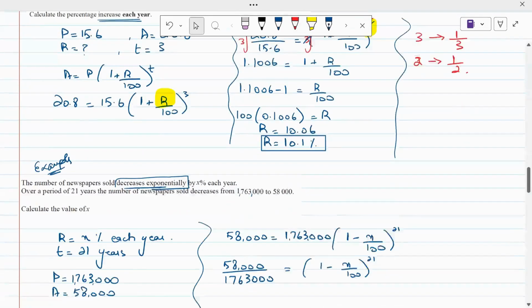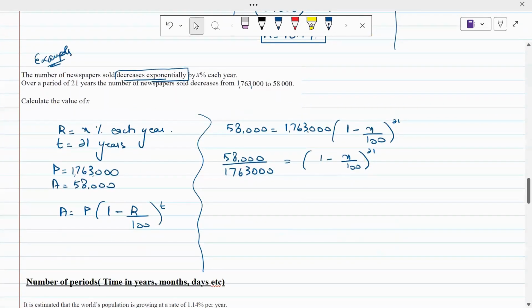The same would be the case here. You have to get rid of this power 21, so you simply take the reciprocal of this power, on both sides. I'm using the word both sides because in equations in maths, the same operation has to be applied on both sides of the equation.